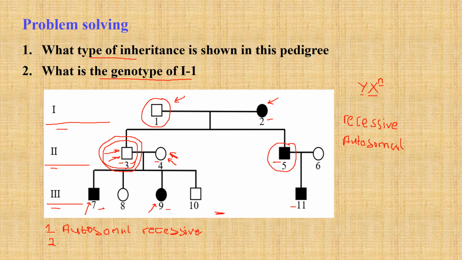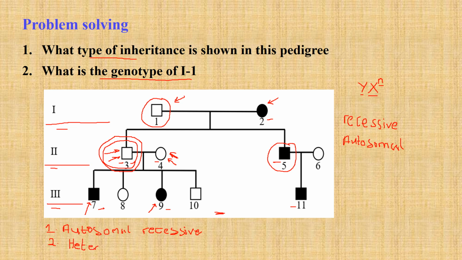Since we have deduced that it is a recessive autosomal trait, this can only mean that Romans 1:1 must be heterozygote in order for them to produce an offspring that is sick.